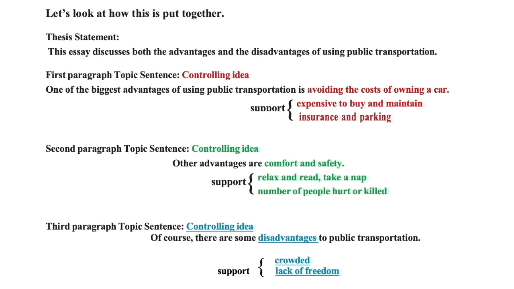The second paragraph, the controlling idea, is the comfort and safety of public transportation. It says you can relax, you can read, take a nap, and fewer people are hurt or killed on public transportation. In the third paragraph, the controlling idea is a disadvantage, and it talks about crowding and lack of freedom.